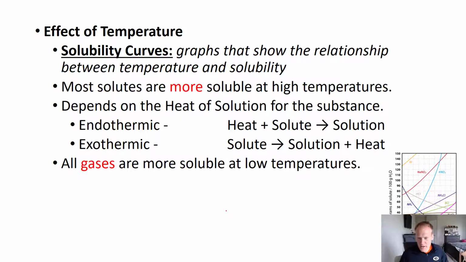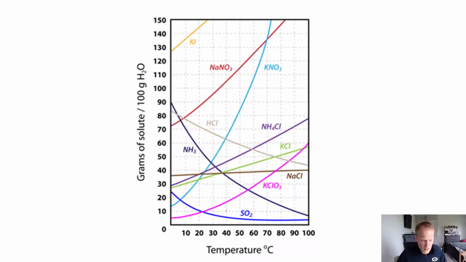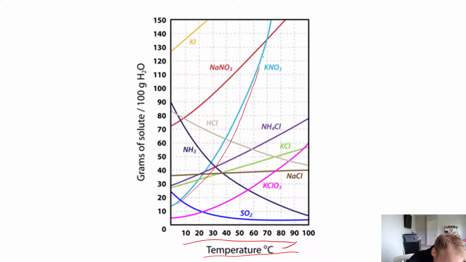So a solubility curve, I'm gonna just show you the large version here. As you notice, as temperature increases, most of these lines go like this. Well, now what that means is these chemicals at a higher temperature can hold more solute. So let's take one that's not so busy here. Let's take KNO3.